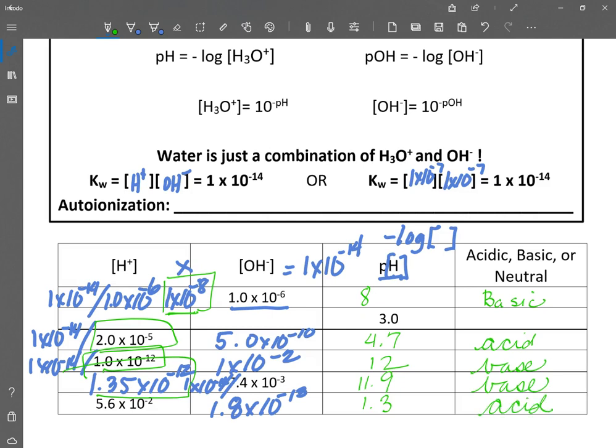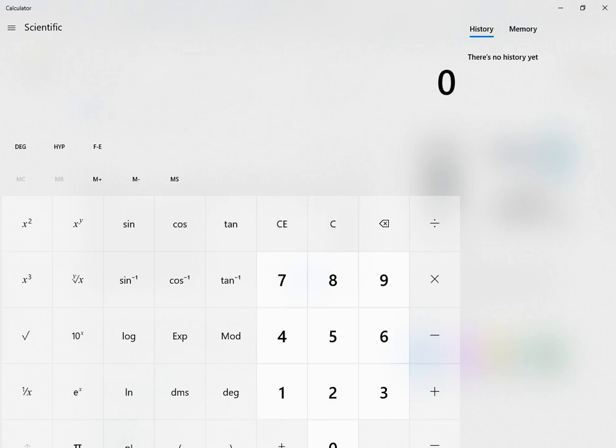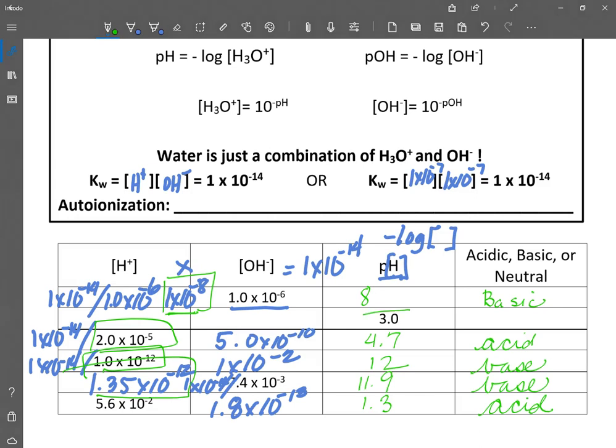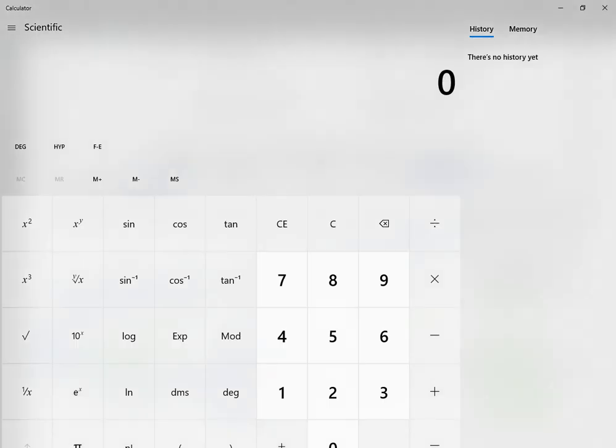Now, this is one of those questions that always boggles my mind because I don't remember back that far, but you guys all know that logs are the same thing as 10 to an exponent, right? All right, so we're going to see if we can do this. On the worksheet, we have a pH given with no hydrogen ion concentrations, but we should be able to plug that in.